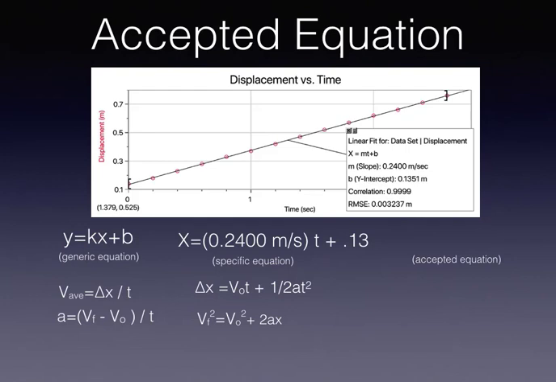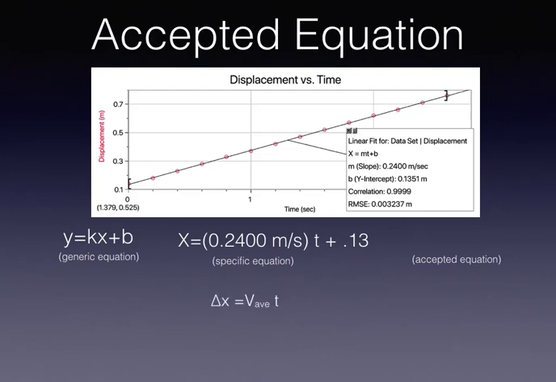Notice that the equation that we're going to need has got to include an x for displacement, and it's got to have a t in it for time. Notice there's really only one equation of these accepted ones that does, and it's this one right here. If we take that equation and algebraically solve it for x, it becomes x is equal to average velocity multiplied by time.